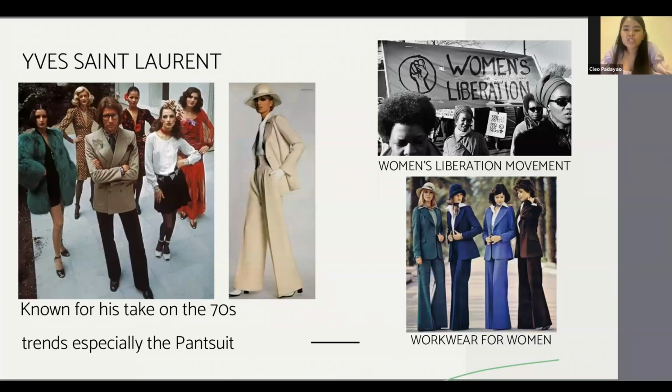So of course, they wanted to be respected in the workplace. They needed an office look. So that's why the pantsuit was very popular. But even though women were already very prominent in the workplace, there was still inequality in salary. That's why the women's liberation movement was created.